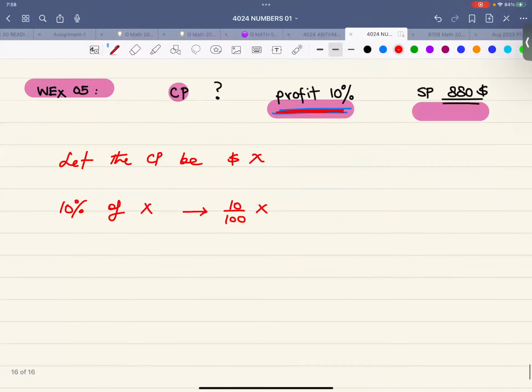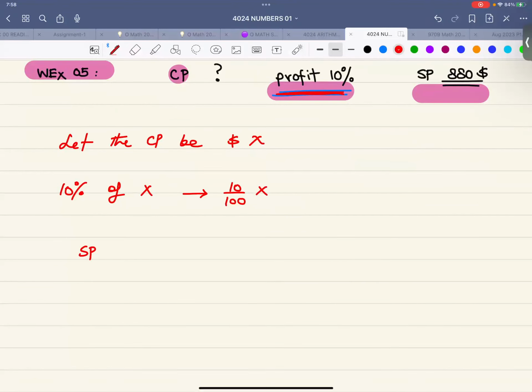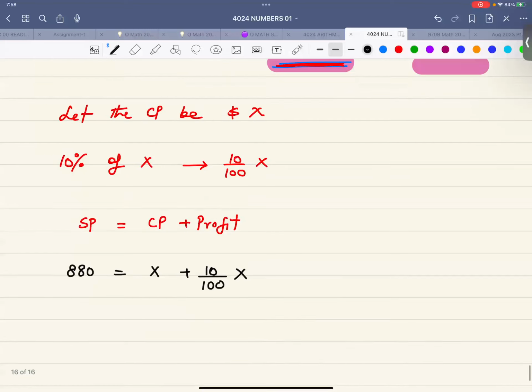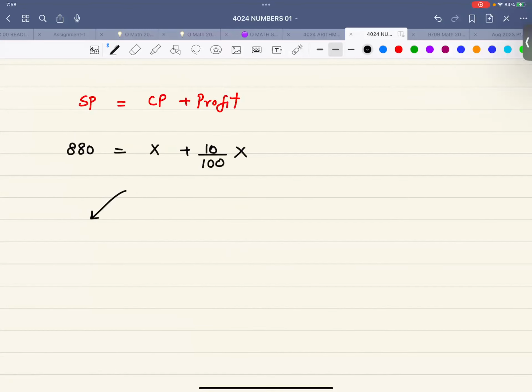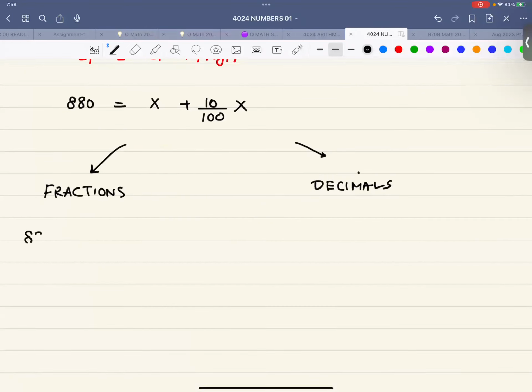And then we know that selling price is cost price plus profit. Selling price is 880, cost price is x, profit is 10 over 100 x. Now there are two choices. Either I can work in fractions or I can work in decimals. That's your choice.